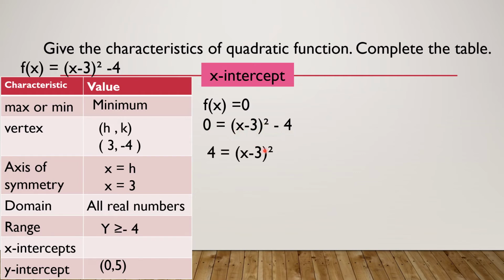And then, we need to isolate x. In doing that, kailangan mag-add tayo ng positive 4 here, positive 4 here. So this is now equal to 0. And that's why we have here 4 is equal to the quantity x minus 3 squared.